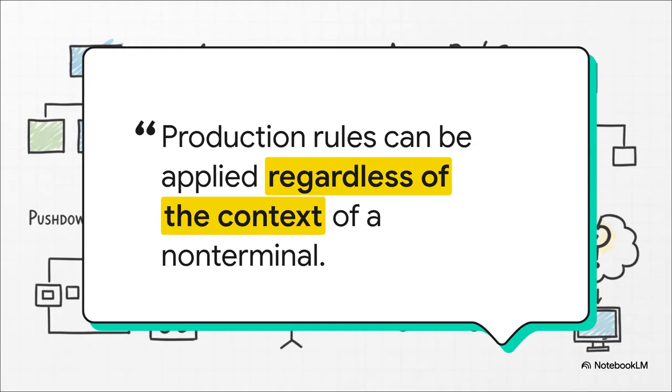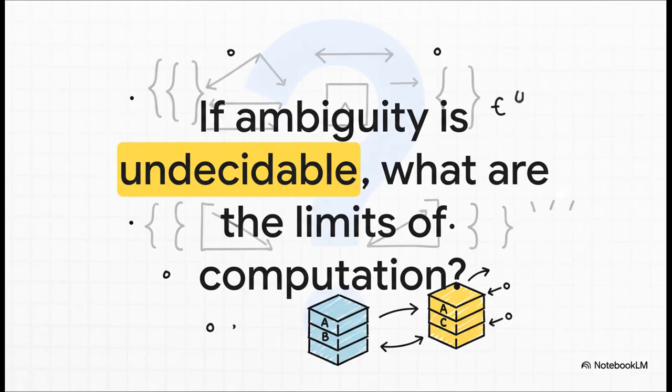And that really gets to the heart of why this is so powerful. It's this beautiful, almost magical idea. You start with just a handful of simple, finite rules, and from them, you can generate an infinite universe of complex, perfectly structured things. That's the real magic of formal grammars. But let me leave you with one last kind of mind-bending thought.